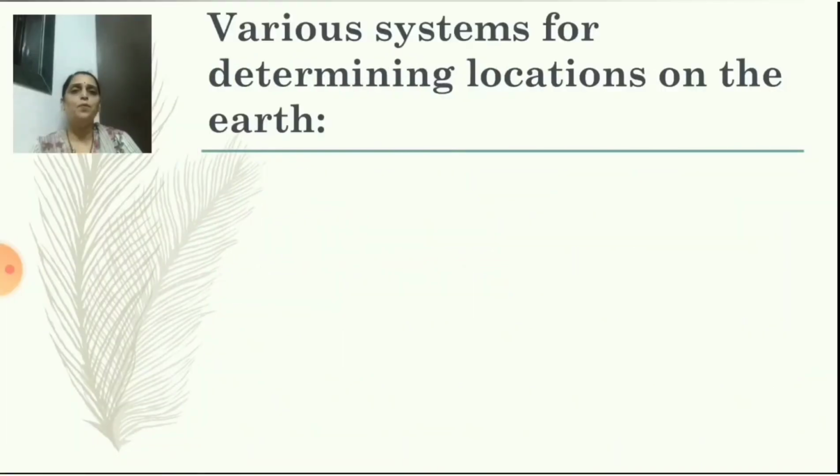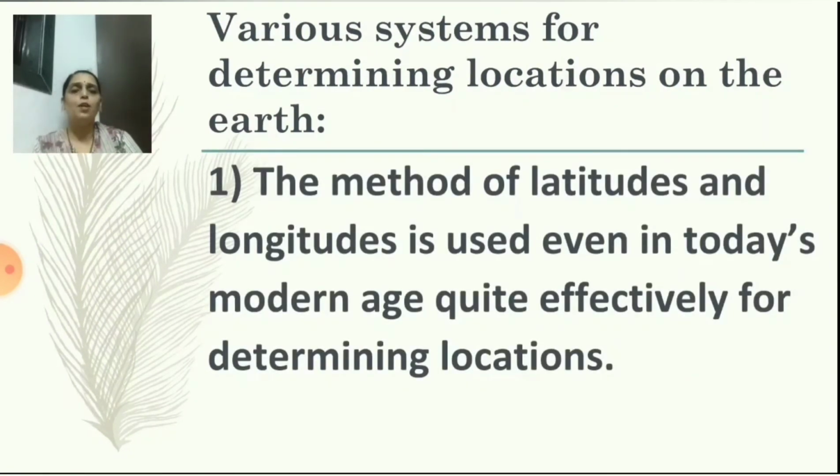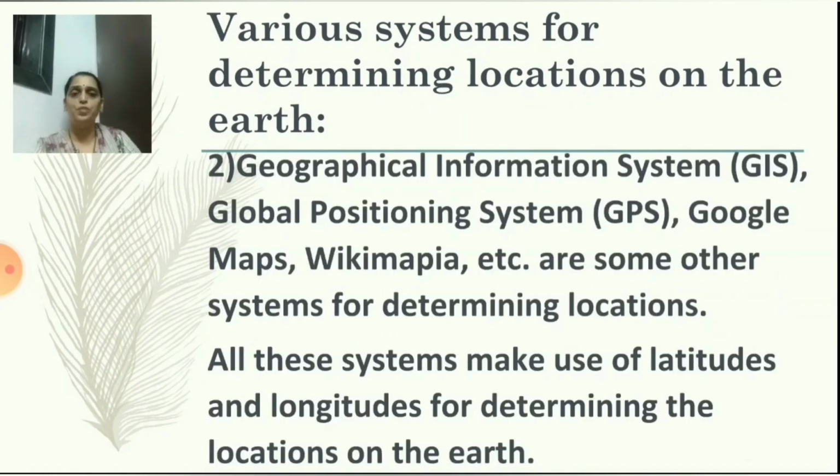Students, tell me what are the various systems for determining locations on the earth. The first point is that the method of latitudes and longitudes is used quite effectively even in today's modern age for determining location. Now the second point, Geographical Information System, GIS.